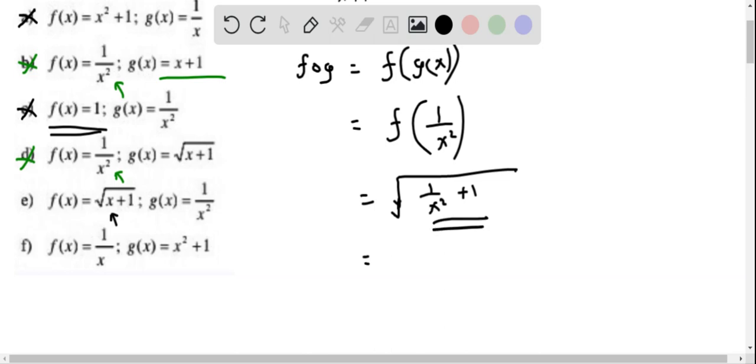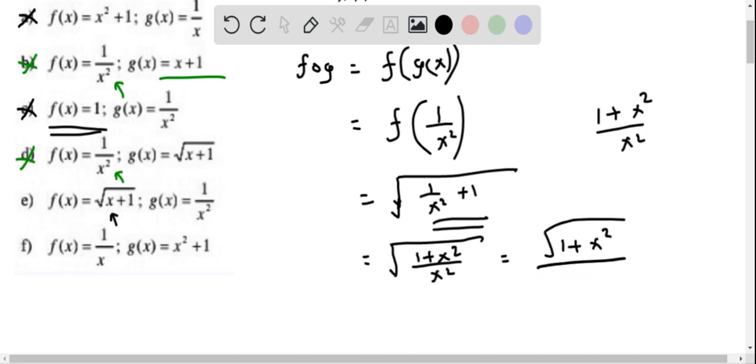When we simplify this, we have already found this in A. So it will become 1 plus x squared over x squared. I'm going to put this under the root, that is the square root of 1 plus x squared over x squared. This can be written as the square root of 1 plus x squared divided by the square root of x squared.